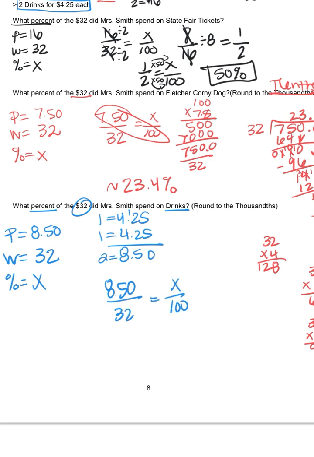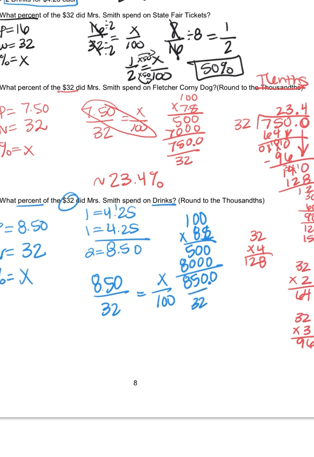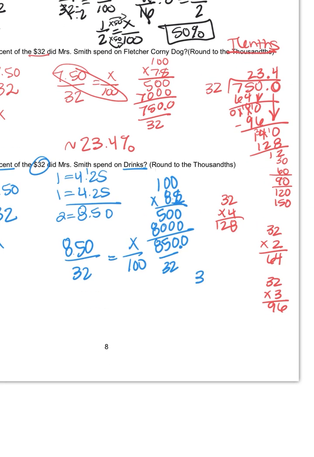I see that I cannot scale or simplify, so I'm going to have to do my multiplying again, or cross product, I'm sorry. 100 times 8.5, 0, 0, and 5. Placeholder, 0, 0, and 8. 0, 0, 5, and 8. I have a 1 place value. So it's 850 divided by 32. 32, 850.